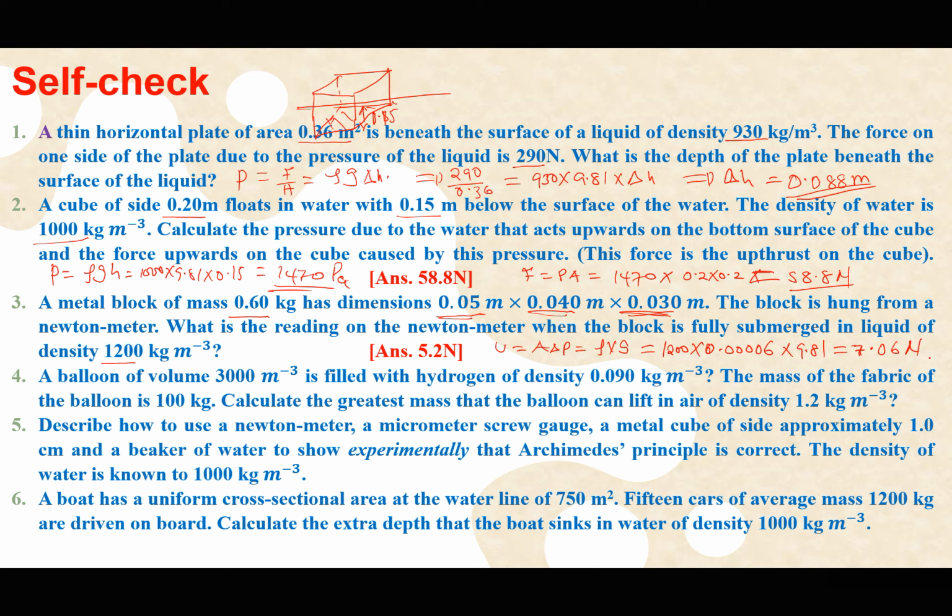But remember, the upthrust is the weight in air minus the weight in the liquid when the object is fully submerged. We want the weight in the liquid. So the weight in the liquid is going to be the weight in air minus the upthrust. The weight in air is mg, which is 0.6 times 9.81.